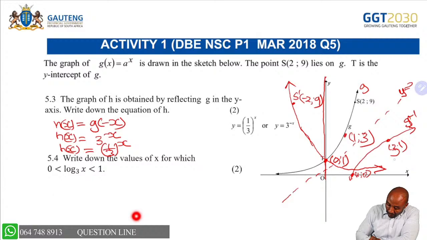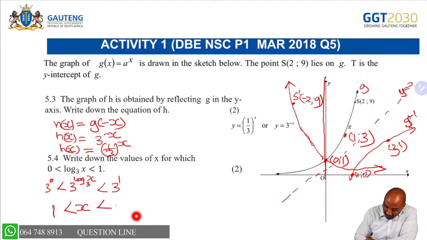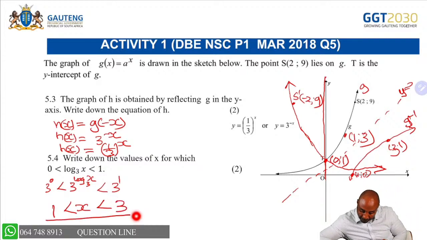We can write this as 3 to the power 0 is less than 3 to the power of the logarithm to base 3 of x, which is less than 3 to the power 1. And we know that this will give us x. 3 to the power 0 is 1, and 3 to the power 1 is 3. So our x values are between 1 and 3.